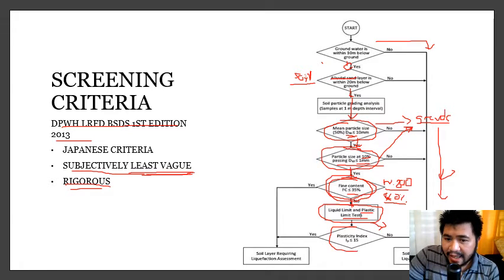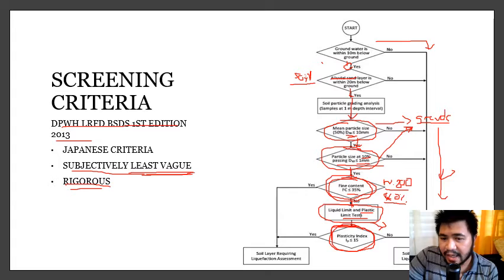And plasticity index is actually a good proxy test. Most cohesive soils have a large plasticity index. They're highly plastic, the cohesive soils.